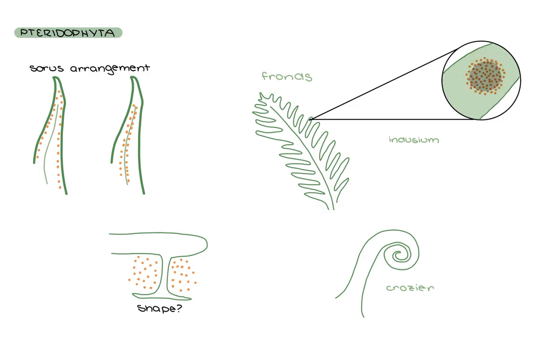So they're all physiologically very similar, and we can compare that to species within other phylums that are heterosporous, meaning that they have different anatomy of spores. But for phylum Pteridophyta, most ferns are homosporous.